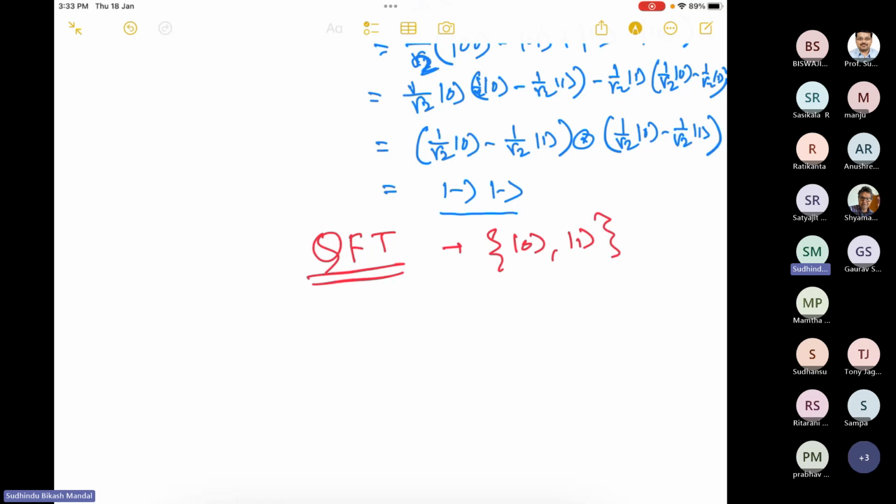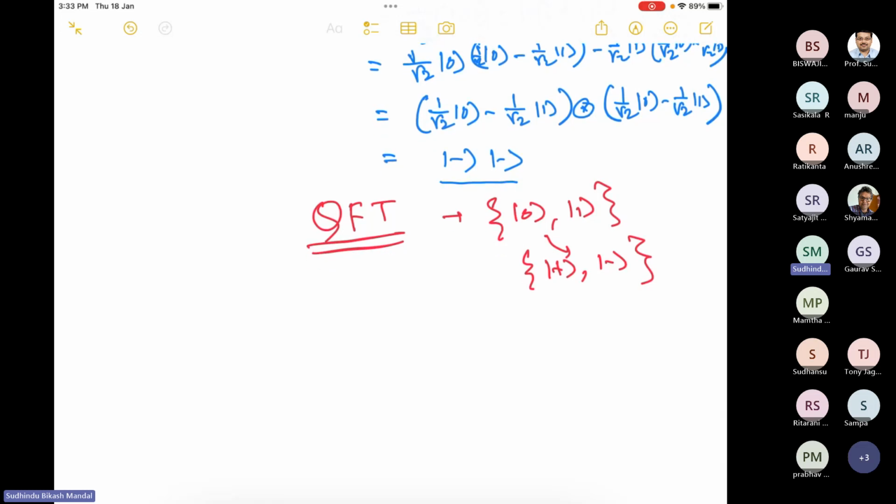If we need to change this computational basis to a Fourier basis, then we need to use a QFT, quantum Fourier transform. What is the Fourier basis? For the 1 qubit case, I have already shown you, but I want to prove that for 1 qubit case, plus and minus is our Fourier basis. I will prove it when I derive this QFT.